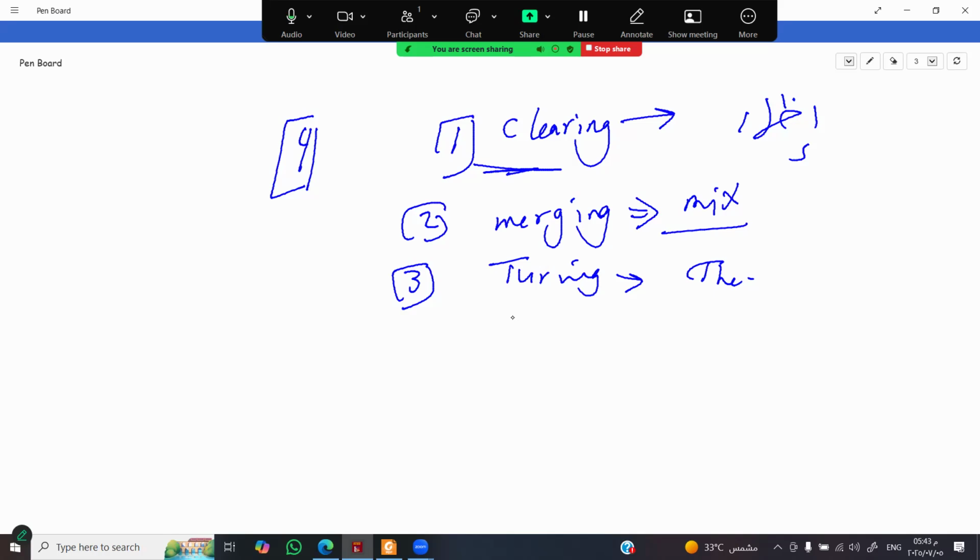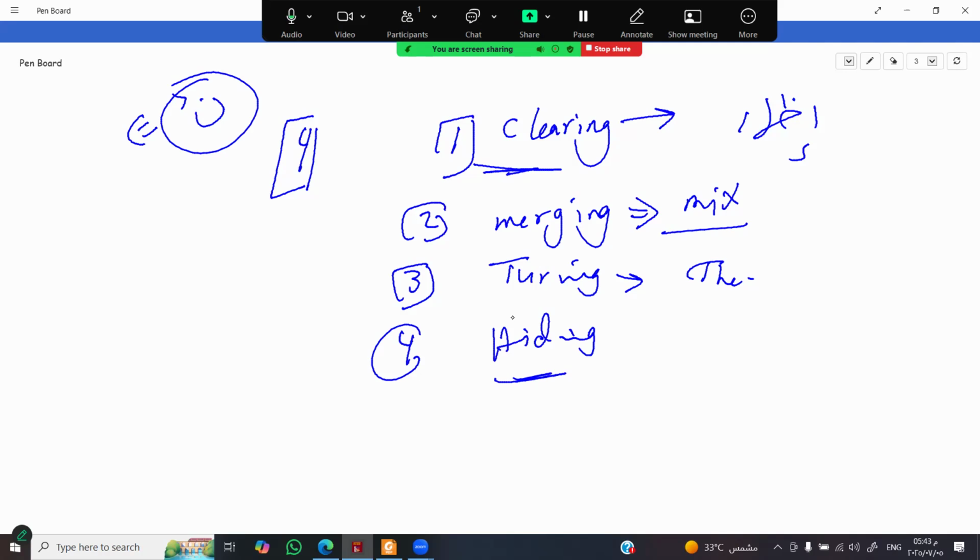So you're gonna try to turn a letter into another. The fourth rule is called hiding. When you hide something, you know the place of the thing, but nobody else knows where it is. Only you know that. So here, you know there is noon sakina, but when you pronounce it, nobody can know it's noon sakina.